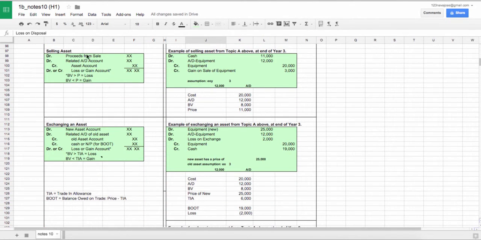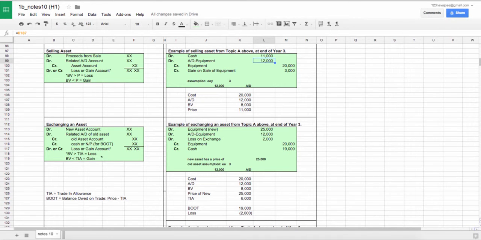In terms of selling, you would have the same initial accounts, debit and credit. You would debit the AD account and credit the asset account to get rid of the asset accounts themselves. Here's an example. You're getting rid of equipment costing $20,000. You have already depreciated the asset for 3 years using straight line, so you must have AD on the asset of $12,000.